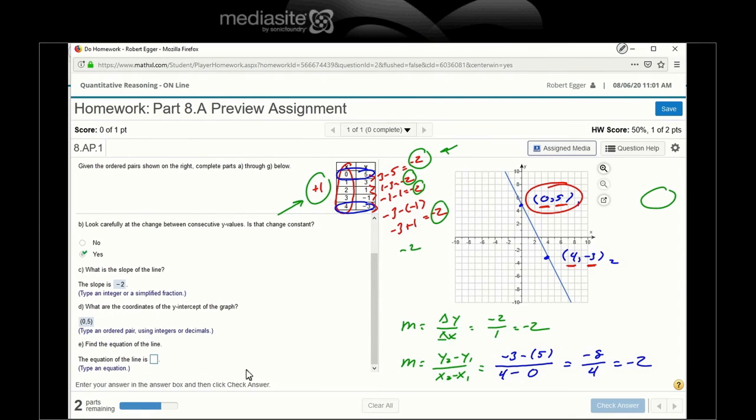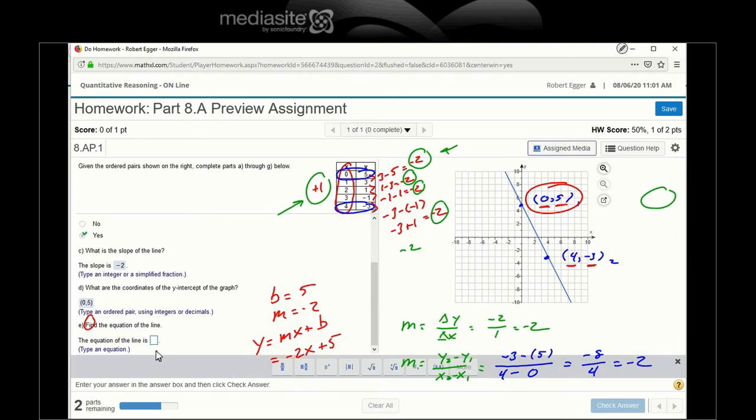And the equation: b is 5, m is minus 2. That means my equation is y equals minus 2x plus 5.